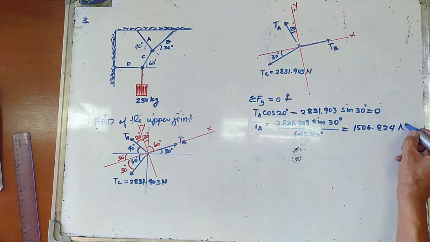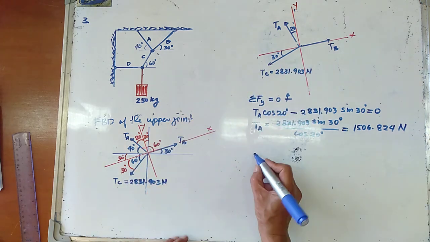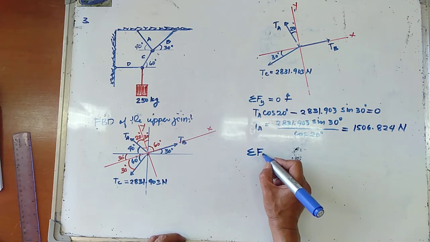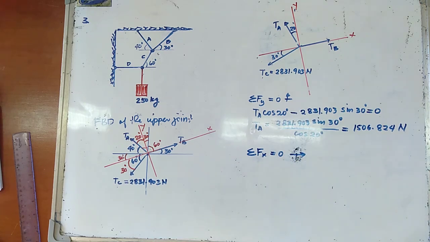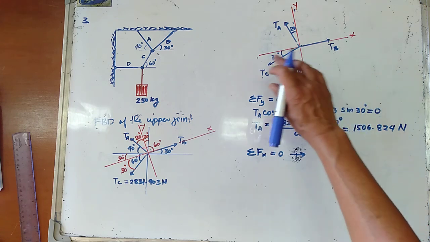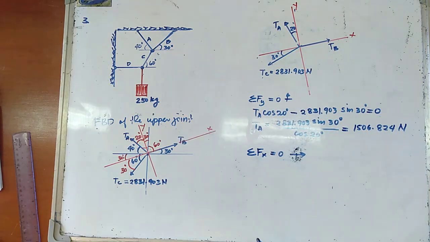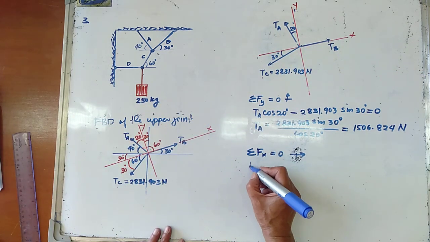06.824 newtons. Now, taking summation of forces along the x-axis equal to 0, to the right forces positive. Since TB is directed along the x-axis, it has no y component. So we have TB going to the right.